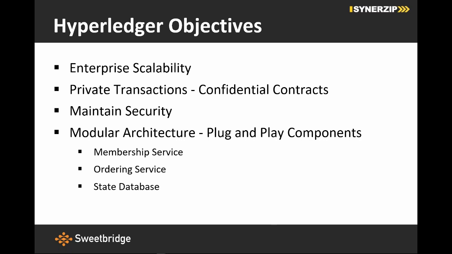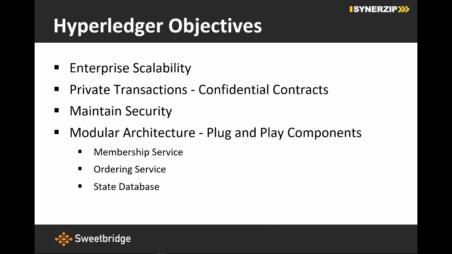I may sell product to different marketplaces, and I will have different pricing for those different marketplaces, and I don't necessarily want all of my customers to know the pricing that I'm offering to different companies. And so on the Hyperledger side, there's an effort to provide private transactions and confidential contracts. Of course, security is key, and being able to maintain the security and the cryptography that blockchain provides is important.